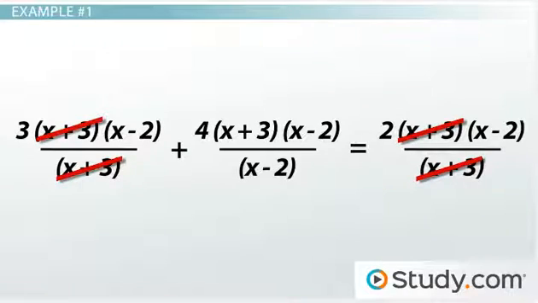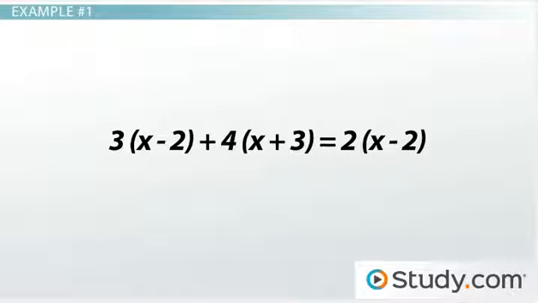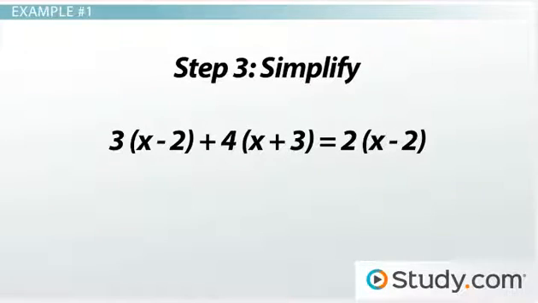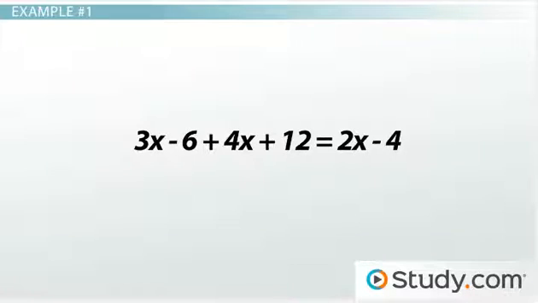Slash or cancel all of the x plus 3's and x minus 2's in the denominator and numerator. Our new equation looks like 3 times x minus 2 plus 4 times x plus 3 equals 2 times x minus 2. Distribute to simplify. 3x minus 6 plus 4x plus 12 equals 2x minus 4.